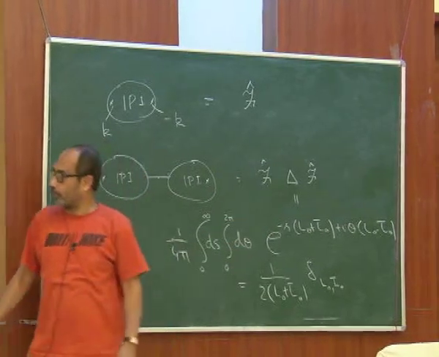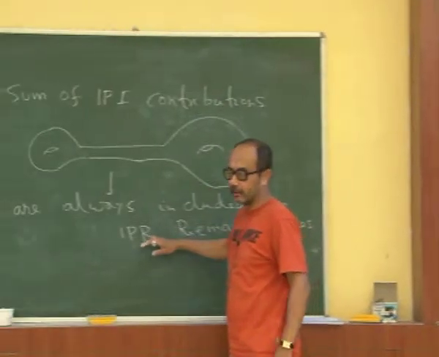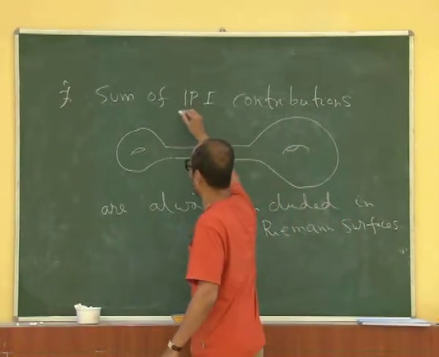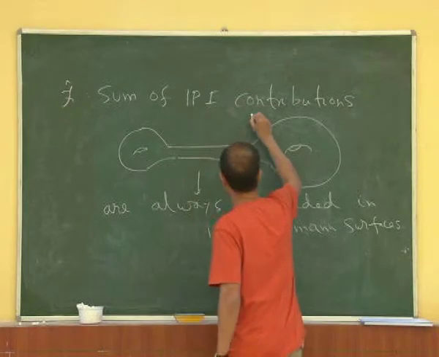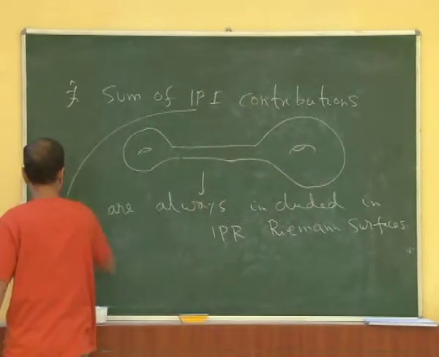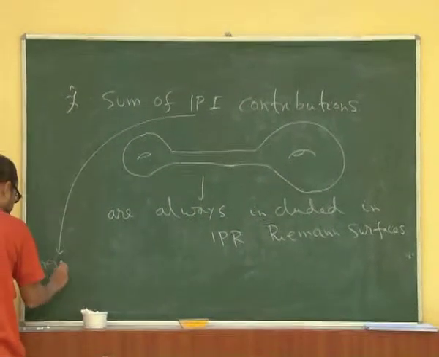So all degenerate Riemann surfaces are one particle reducible, which in turn means that the 1PI contributions never include degenerate Riemann surfaces.